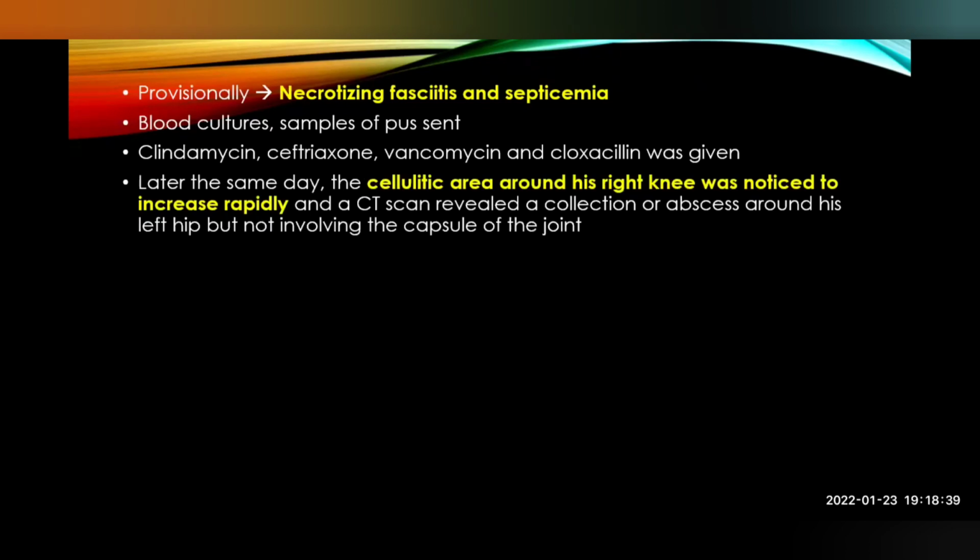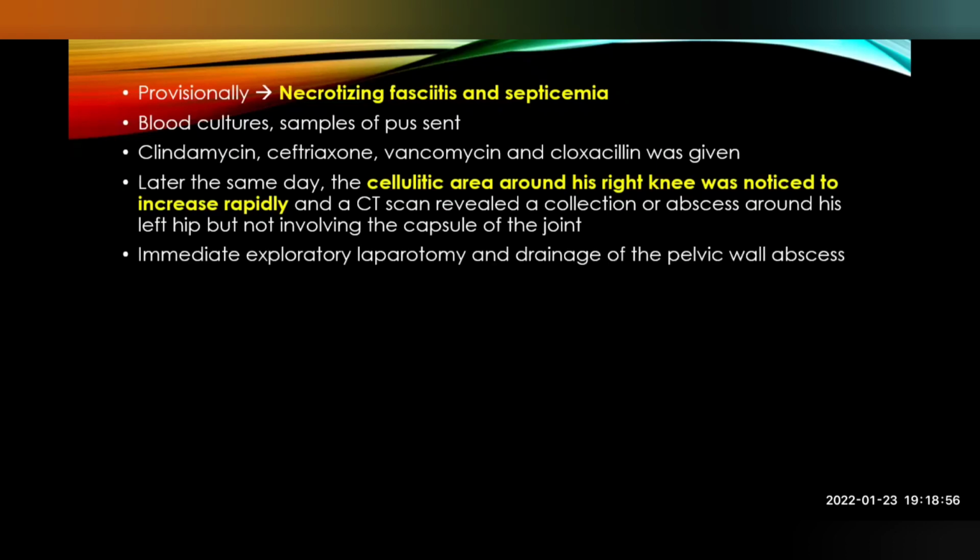The same day, the cellulitic area extended up to the right knee and increased rapidly. So a CT scan was done, which revealed an abscess collection around the left hip, but not involving the capsule of the joint. And immediate exploration was done, and the abscess was drained.